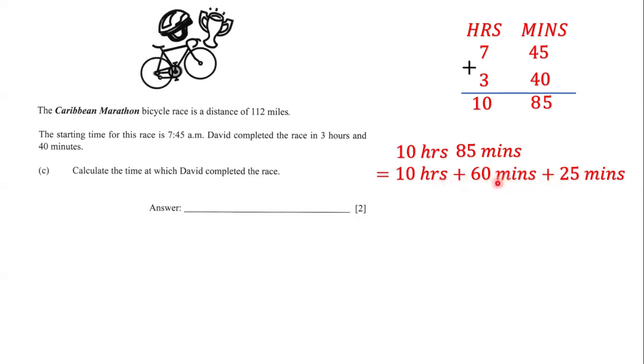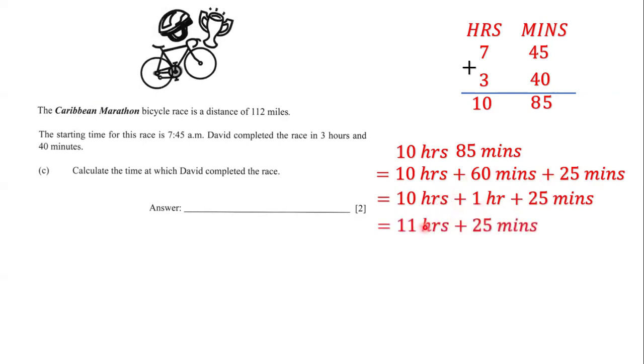And so 60 minutes is equal to 1 hour. So we have 10 hours plus 1 hour plus 25 minutes, which gives us 11 hours and 25 minutes. And that means the time at which David completed the race was 11:25 a.m. And that's the answer to this question.